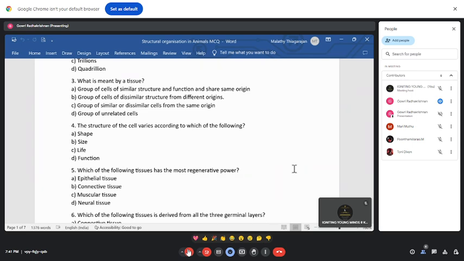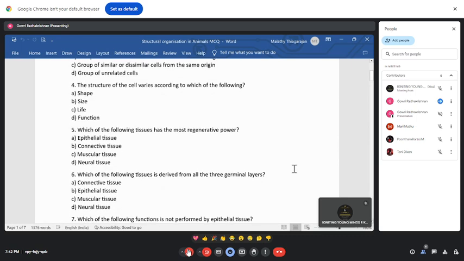A group of cells with dissimilar structure, or from different origins, cannot do a particular same function, isn't it? So that's not correct. So the correct option is option A, group of cells of similar structure and function and share same origin.